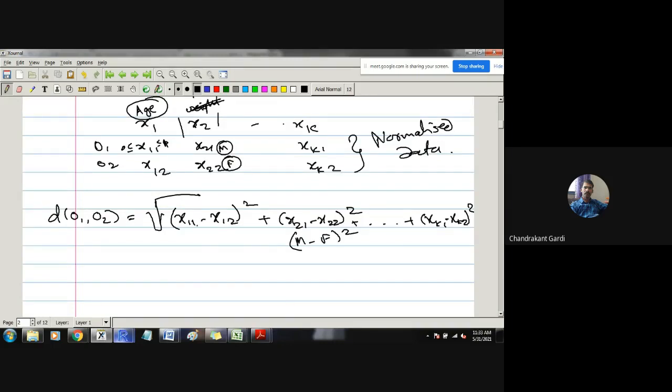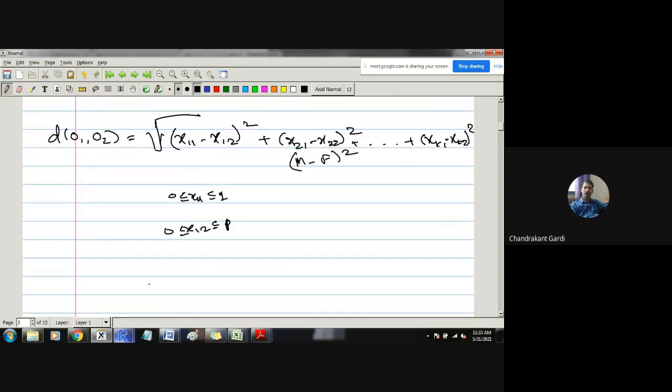What is the maximum possible value for (x11 minus x12) bracket square? Now, x11 is between 0 and 1, and x12 is again between 0 and 1, and we are taking the difference x11 minus x12.